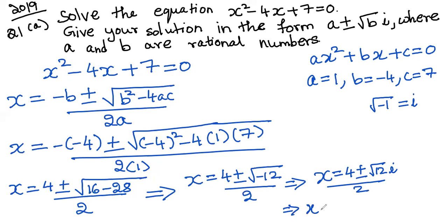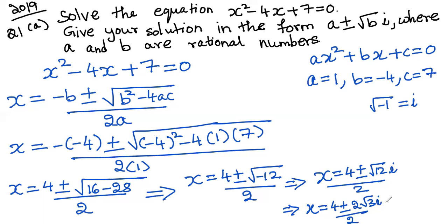So we have x equal to 4 plus or minus 2 root 3, because 4 times 3 is 12, and the square root of 4 is 2. So therefore, I have 2 root 3i over 2.